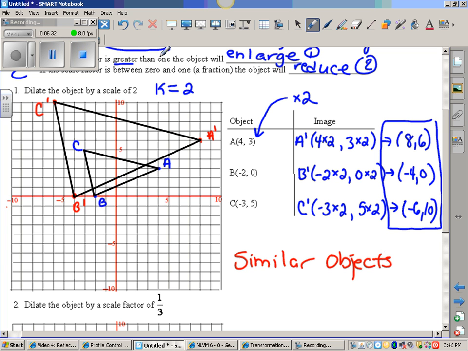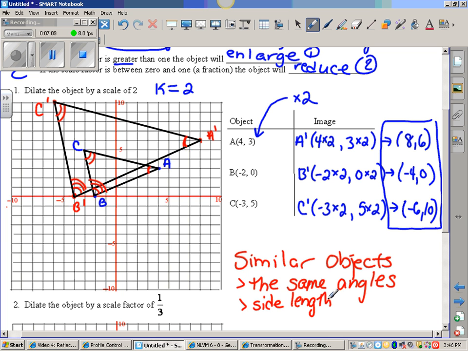What qualifies similar? Well, a similar object needs to have the same angles. The corresponding angles need to be the same, meaning that whatever the angle A was for A prime, it's going to be the same as the angle A. C prime would be the same as C, and B prime would be the same as B. The angles have to be the same, and the side lengths are in proportion.